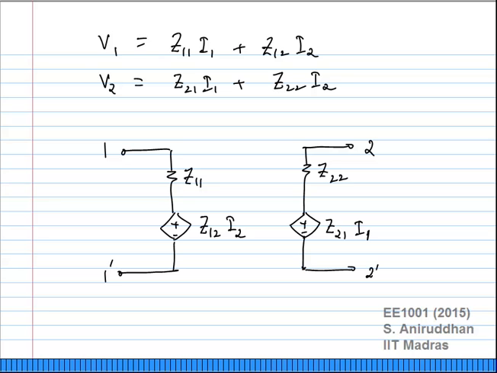If you take the Z parameters, the voltages are additive, and therefore you get a set of series elements. You get a series resistance of value Z11, and in series with that you have a current controlled voltage source of value Z12 I2. On the output port, you have Z22 in series with a current controlled voltage source of value Z21 I1.